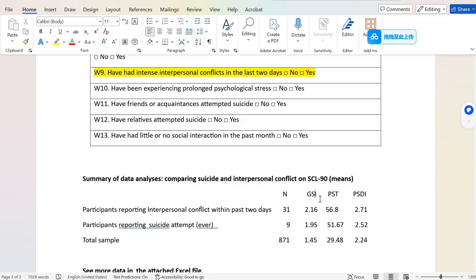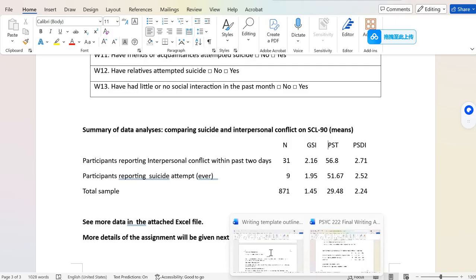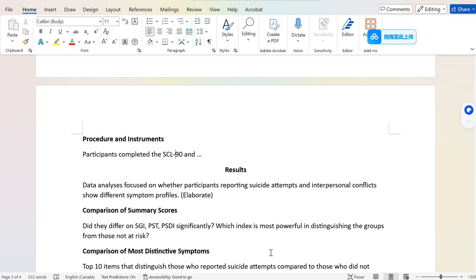But you don't want to be too repetitive with the introduction section. In the introduction section, you already said something about the SCL-90. You don't have to repeat yourself. Make sure that you cover all the details in the whole paper. Avoid repetition as much as possible to make the paper concise.